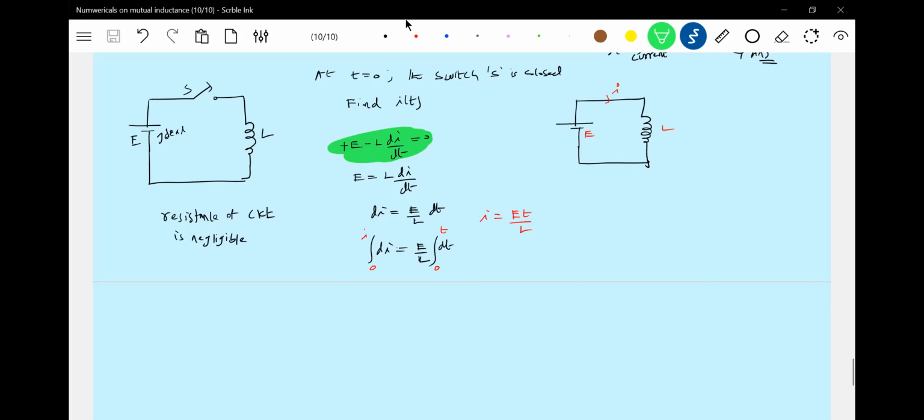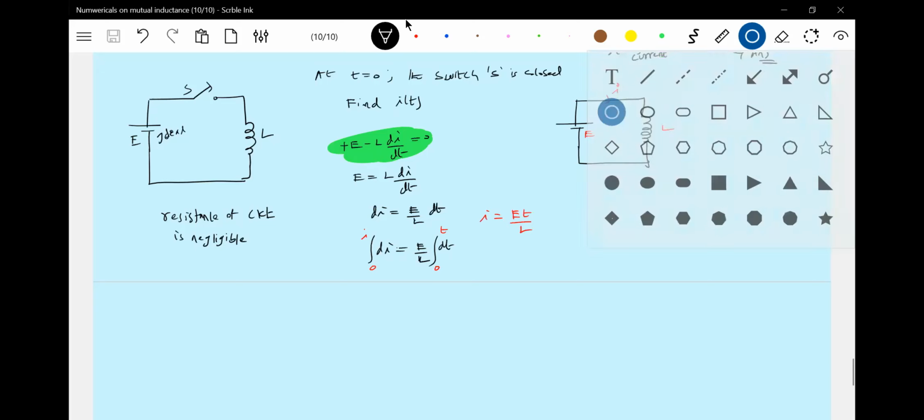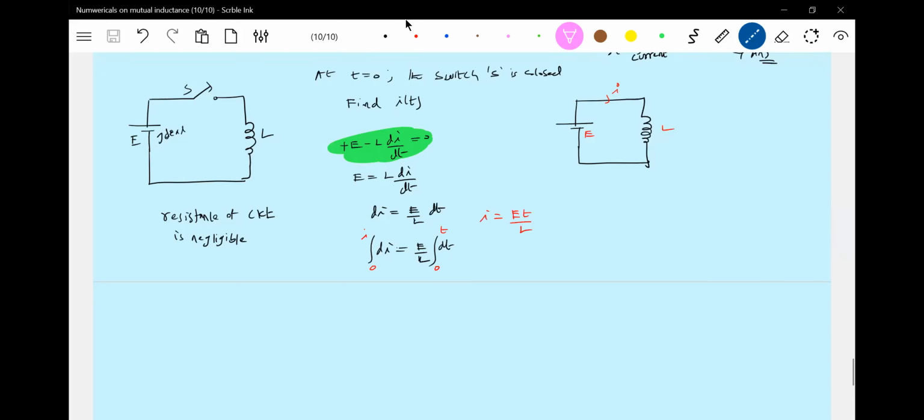So now, what about the current in this? How do current and energy vary across the coil? The current will increase linearly with time. What about the energy across the coil? It goes as I squared, so it will be parabolic.